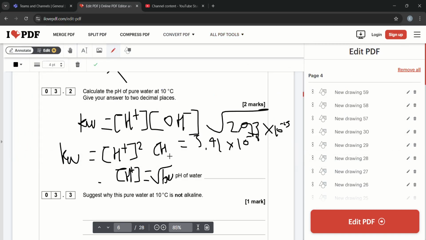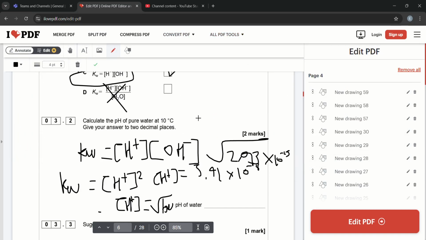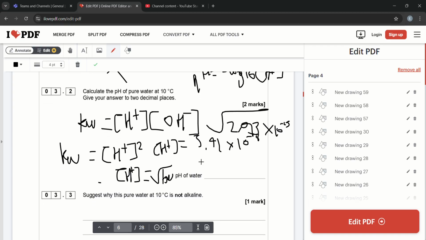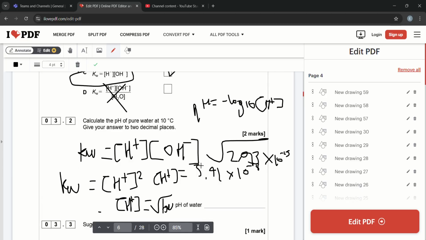We don't want that, we want the pH. We can use the equation pH equals minus log 10 of H plus, and therefore pH is minus log 10 of my answer, which is 7.27.